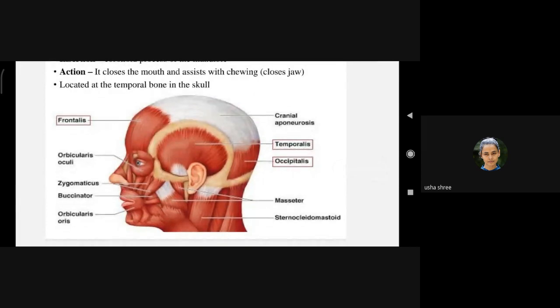Its action is that it closes the mouth and assists with chewing, closing the jaw. When we laugh too much, eat hard food, chew food for a long time, or talk too much, our jaw gets tired or painful. This pain is from the temporalis muscle.